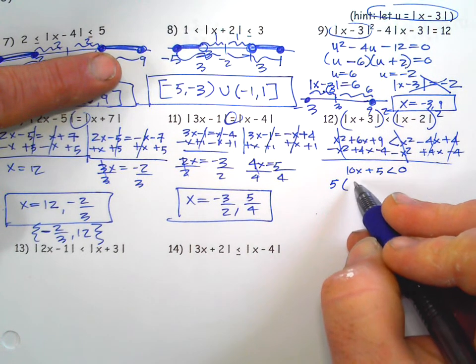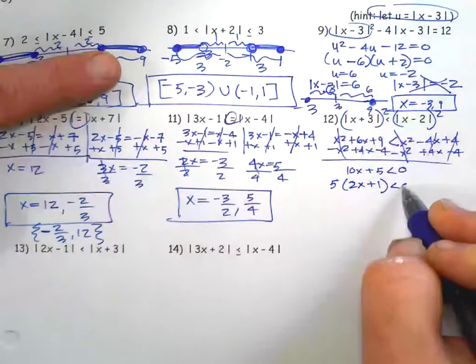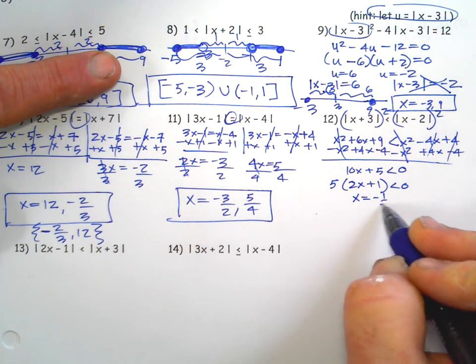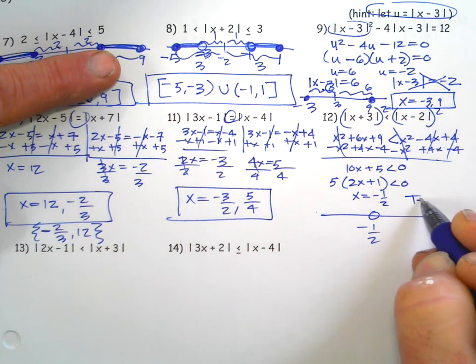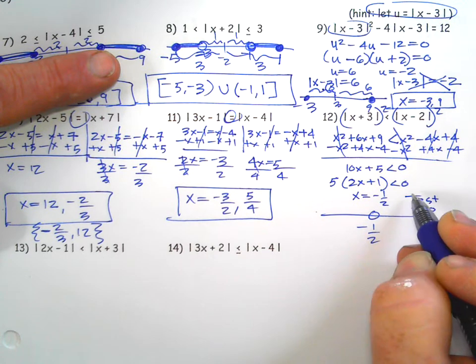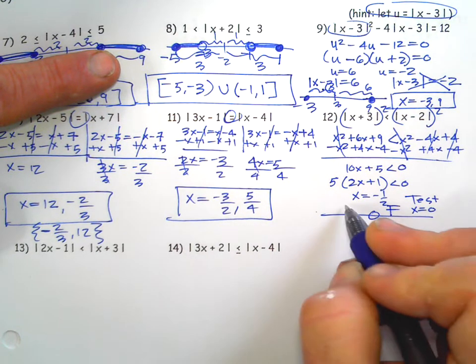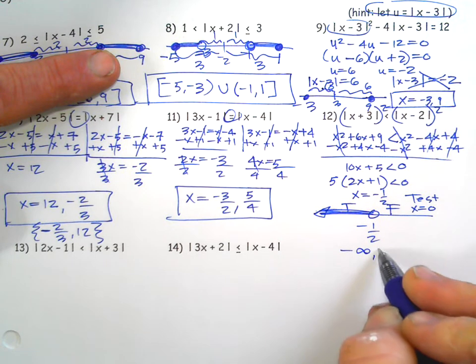You could factor out the GCF, just make it a little easier. Find the zeros, put on a line, so open dot, test one region. I like test far right, say 0. Everything is positive, which is false, true. There are your answers, negative infinity to negative 1/2.